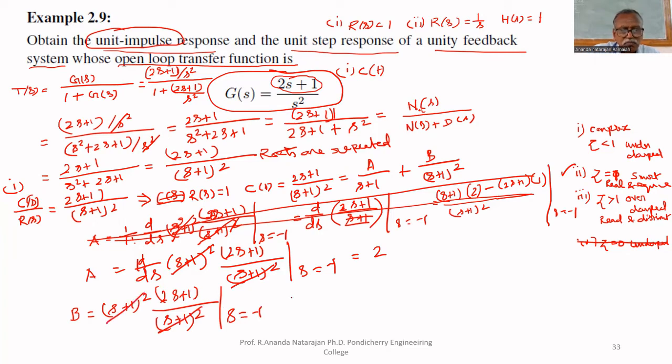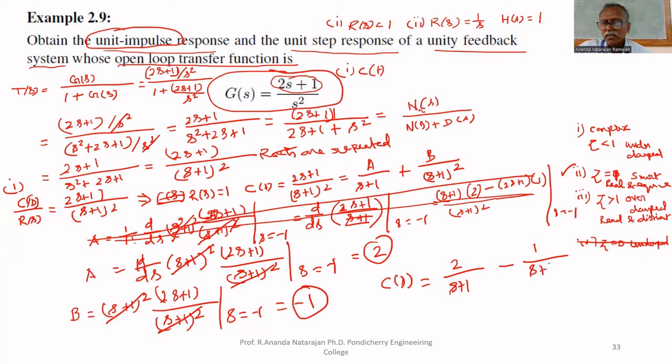If we substitute s equal to minus 1, minus 2 plus 1 equals minus 1. Therefore, in C of s, A equal to 2, B equal to minus 1. Therefore, we are getting 2 upon (s plus 1) minus 1 upon (s plus 1) whole square.